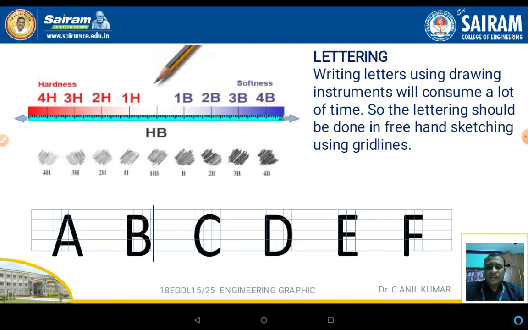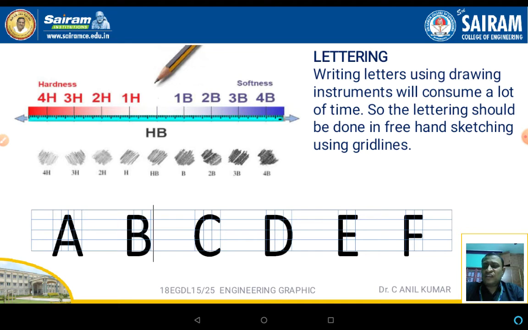Now coming to the letterings, writing letters using the drawing instruments will consume a lot of time. So the lettering should be done in freehand sketching using guidelines. Before drawing any drawing, we have to choose the type of pencil or the leads we are using.